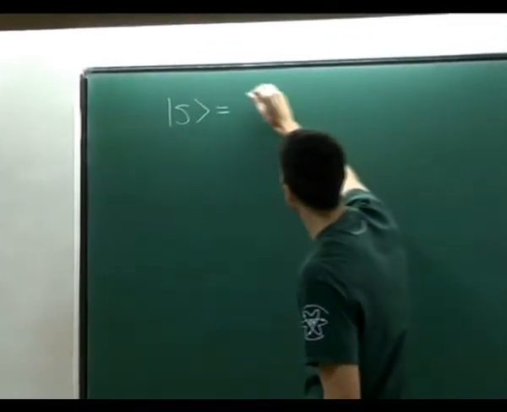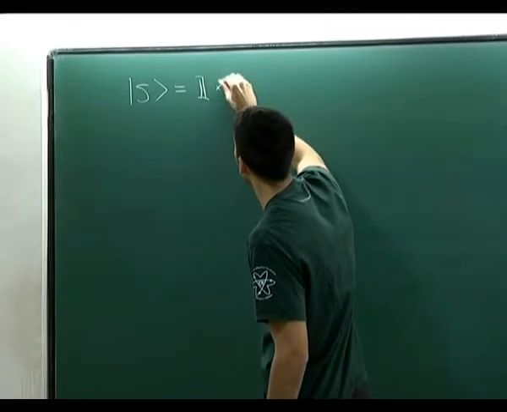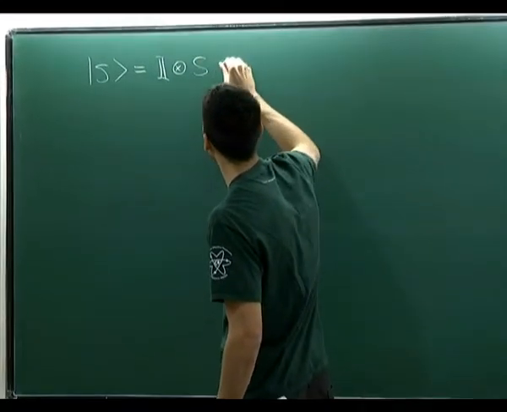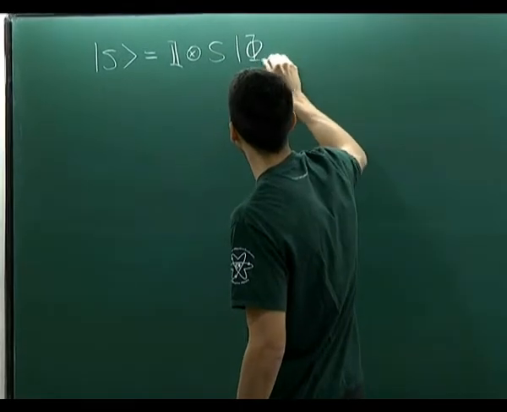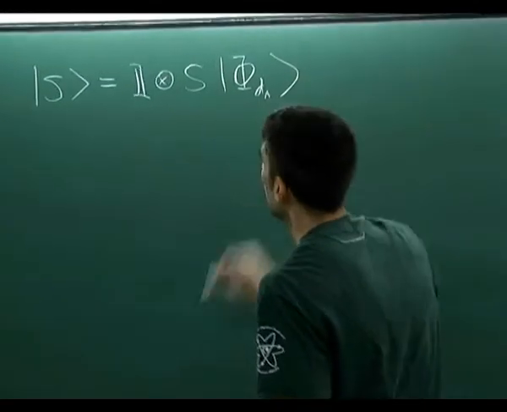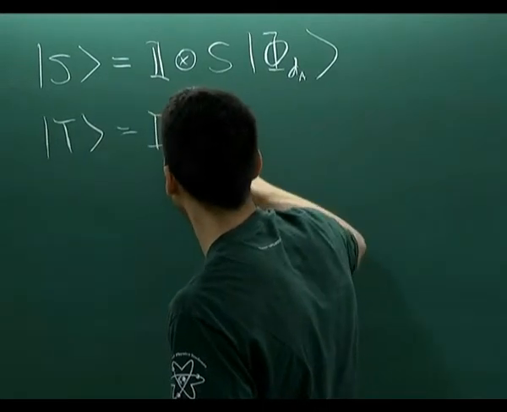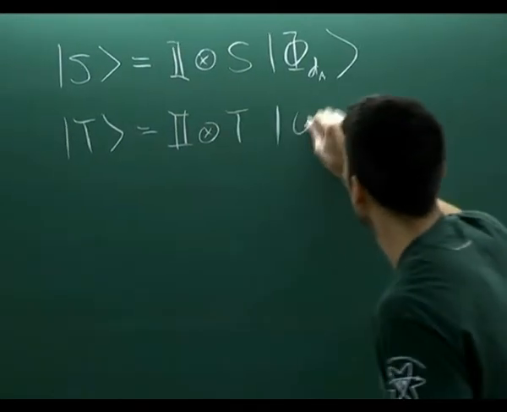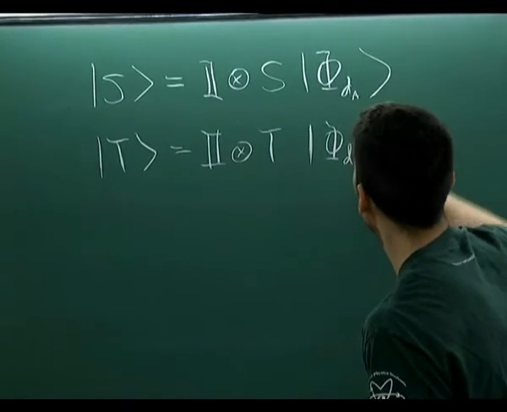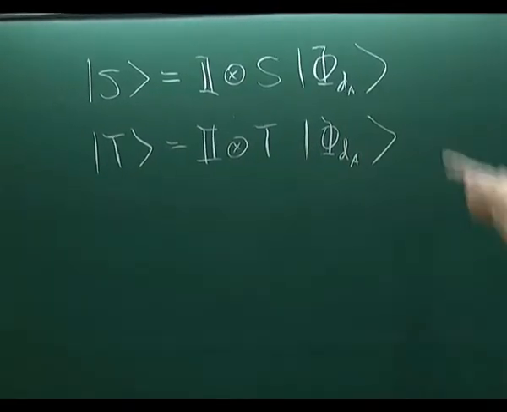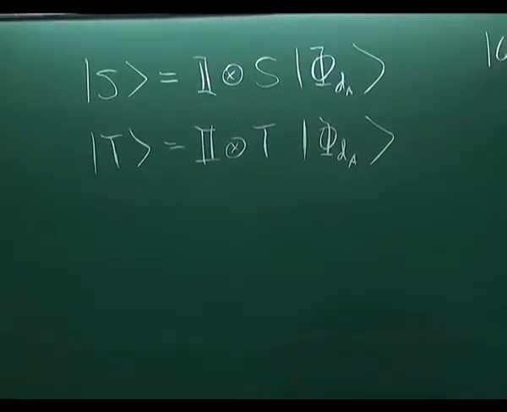I want to write our state S in the following form. And likewise for T. Okay, so now here S and T are matrices, and this state phi dA, you can think of this as a maximally entangled state if we had two copies of Alice's system.